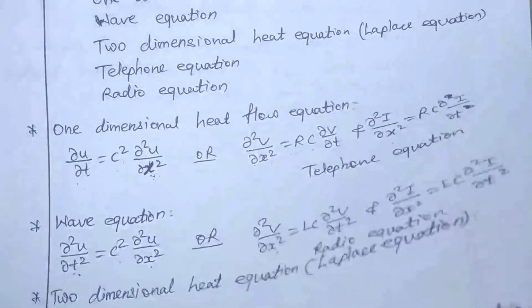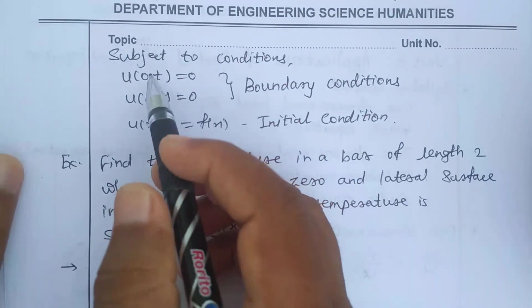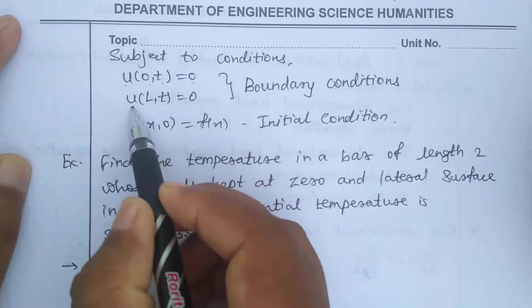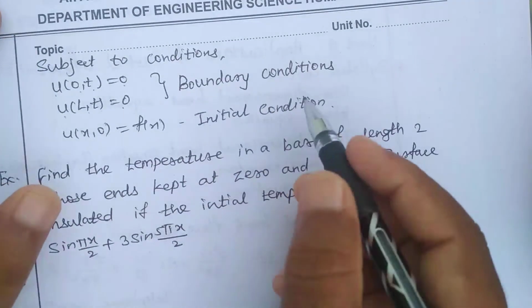So there are some conditions on the heat equation. Subject to the conditions that u(0,t) = 0 and u(L,t) = 0, these two are the boundary conditions.